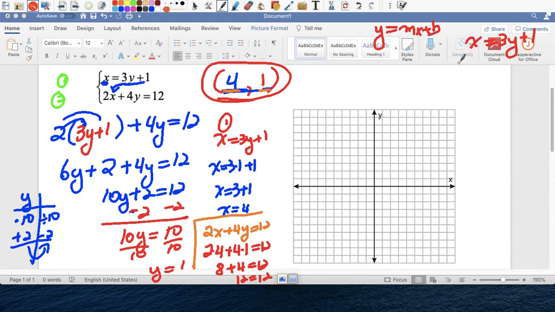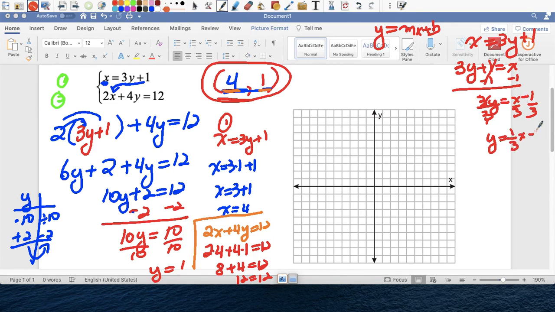First I switch sides, then subtract 1 on both sides, so I get 3y equals x minus 1. Now I divide everything by 3, and y equals x over 3 minus 1/3, which is 1/3 x minus 1/3.